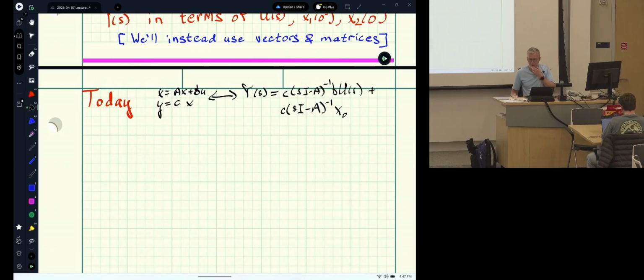In addition to that, our big goal is to get to something called transfer functions. Poles and zeros.